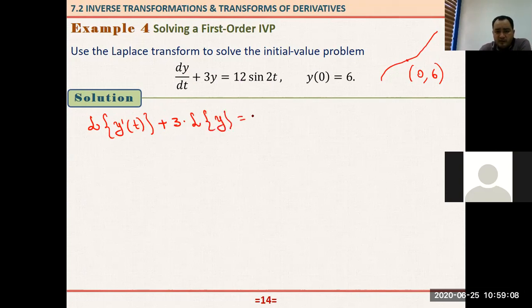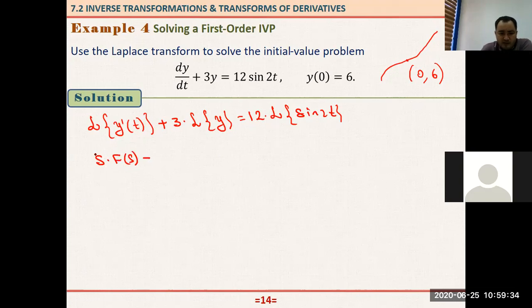On the right hand side, I have 12 times the Laplace transform of sine of 2t. Now we have just obtained the formula for y prime of t, right? And this thing is equal to s, starting with s because the order is 1 here, times capital F of s.